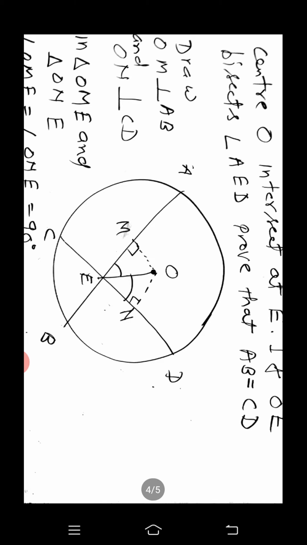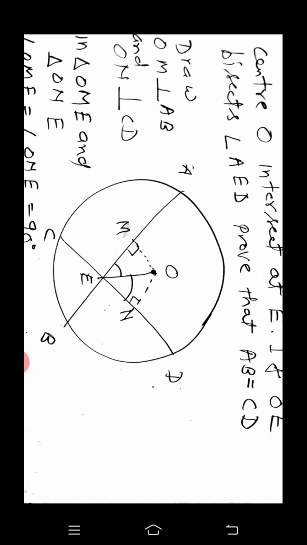AB and CD, we have to prove them equal. These are the two chords intersecting at E. The line OE bisects angle AED. Angle AED bisected means angle OEM equals angle OEN.